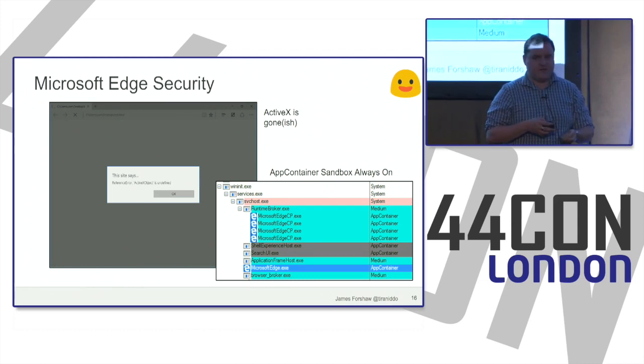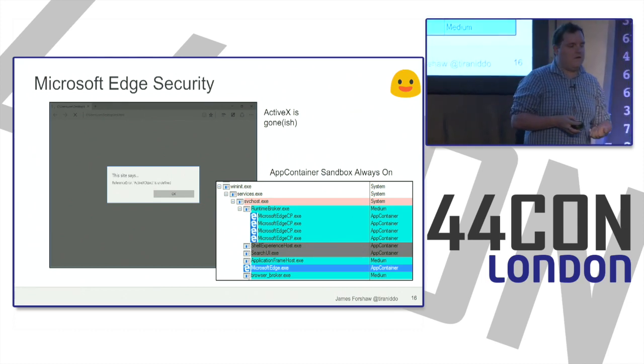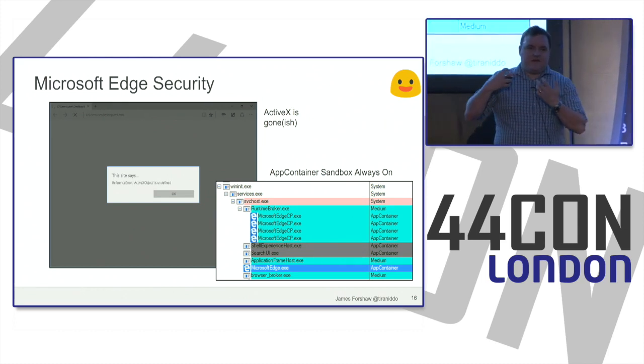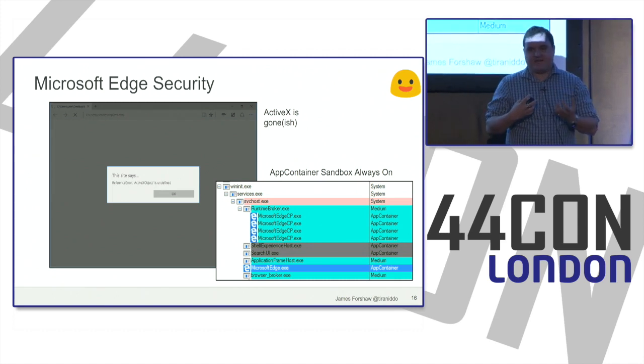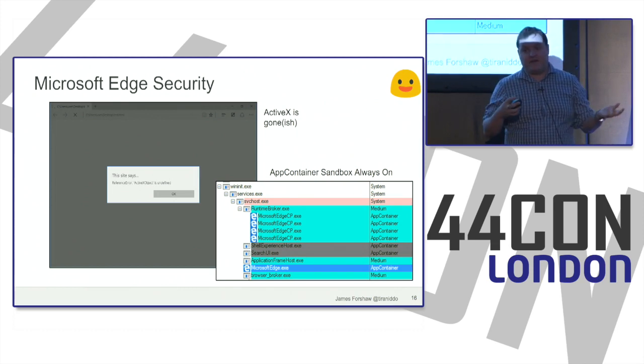And there were too many compatibility issues, so it was reset to Protected Mode. And Protected Mode is effectively worthless. It's not completely worthless, but it more or less may as well be. So it's great that Edge has this by default, and it's now a securable boundary, so that if you can find an escape out of the app container, then that's something that Microsoft, in theory, will fix.